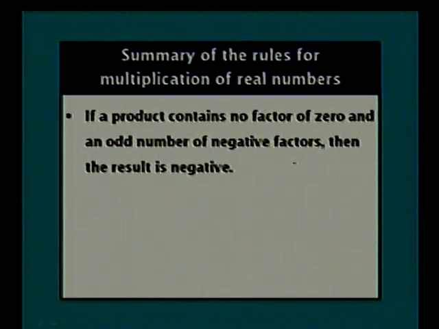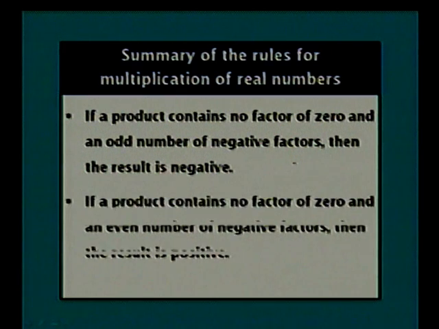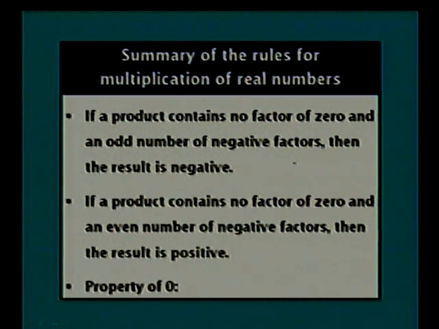If a product contains no factor of 0 and an odd number of negative factors, then the result is negative. If a product contains no factor of 0 and an even number of negative factors, then the result is positive. And finally, the property of 0, if we multiply 0 by any real number, the result is 0.